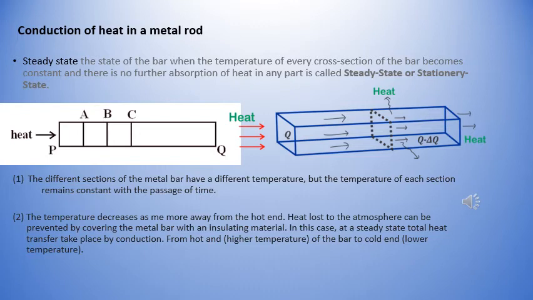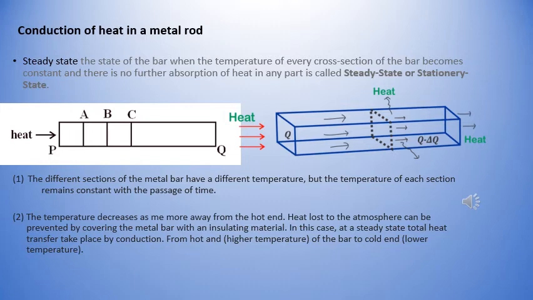By steady state, it does not mean that the temperature of the whole rod is the same. In this, the temperature of different parts of the rod is different, but the temperature at each part, whichever it may be, remains constant. So in other words, we can say the rate of change of temperature at this part remains constant. The temperature decreases as we go away from the hotter end.